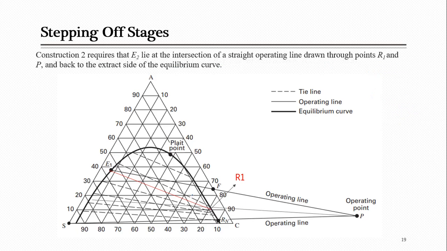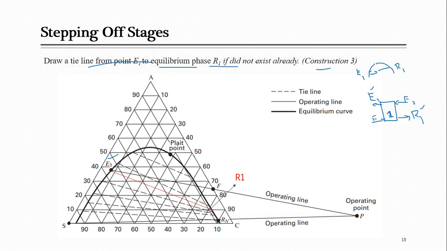Now let's look at the next one. If I have to look for the next stage, how can I locate it? Just recall the diagram: there was stage 1 and then stage 2. So what were the entering and exit stream names? Here R1 was entering, and because this is stage 2, R2 will be leaving from here.